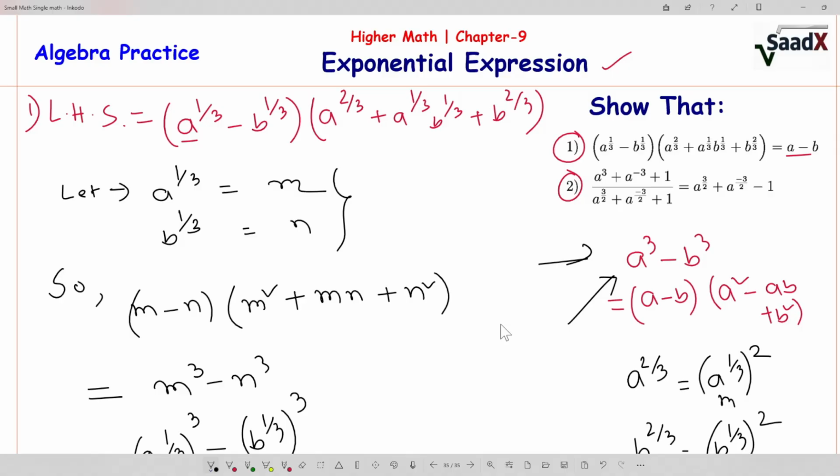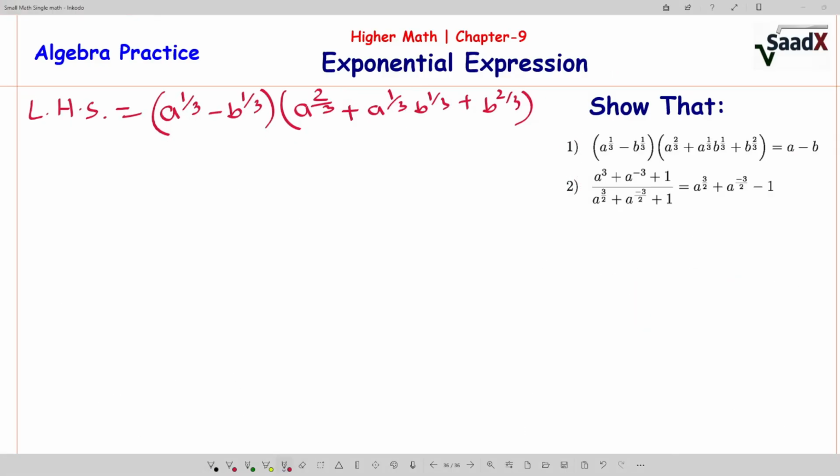We also discuss that way. Now we will discuss this expression by the second method. How? It's a very simple thing. This one and this one we can multiply. We know a to the power 1 by 3 times a to the power 2 by 3, so we can write a to the power 1 by 3 plus 2 by 3. That means a to the power what?